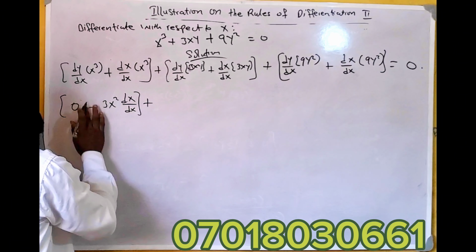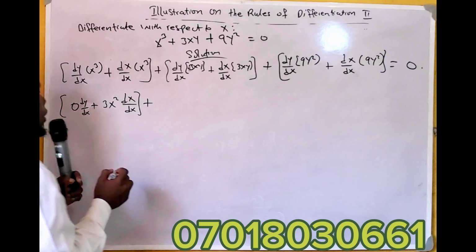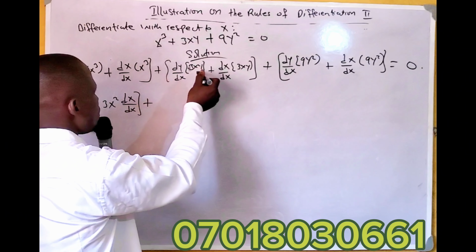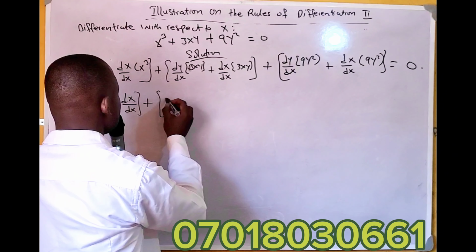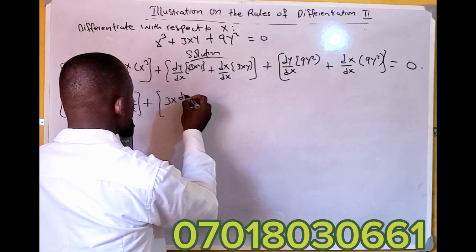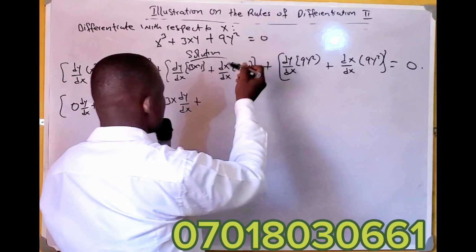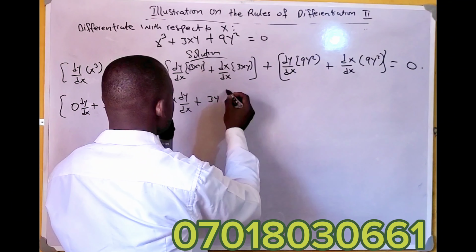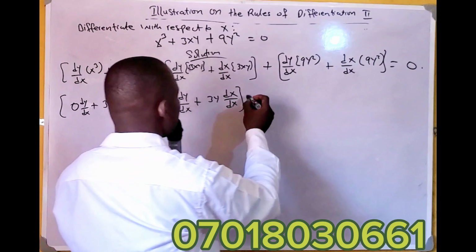This is 0, this will be 0 dy/dx. Here there's y, so we can find the derivative. So what we have here is 3x dy/dx, plus here there's s, so we can find the derivative, plus 3y dx/dx.